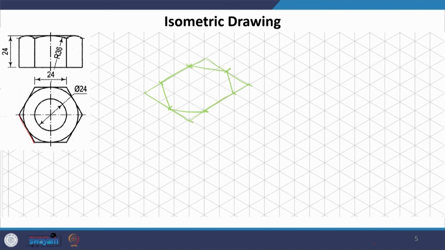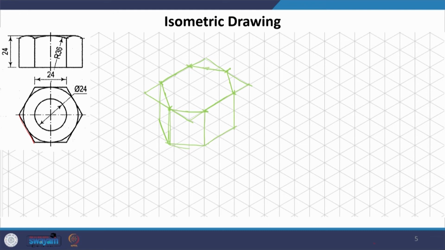Okay. You can do the same thing for the bottom one, or we could just take the heights of it and draw parallel lines. Okay. Now, in the top we know that there is a circle which is going to be enclosed in this.